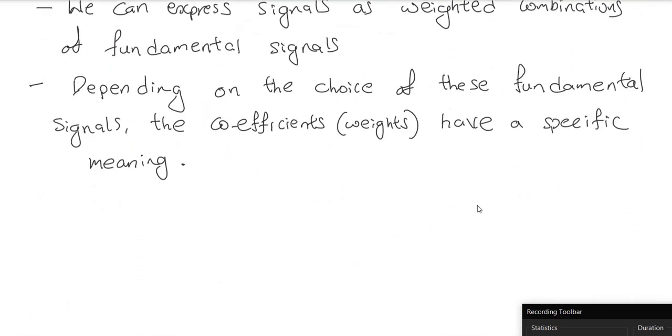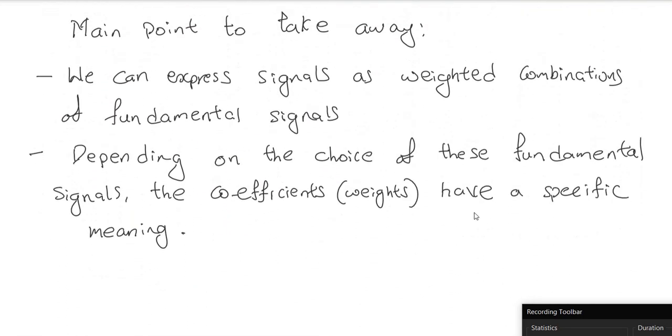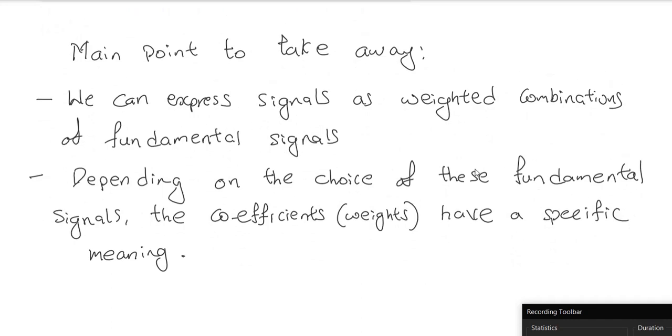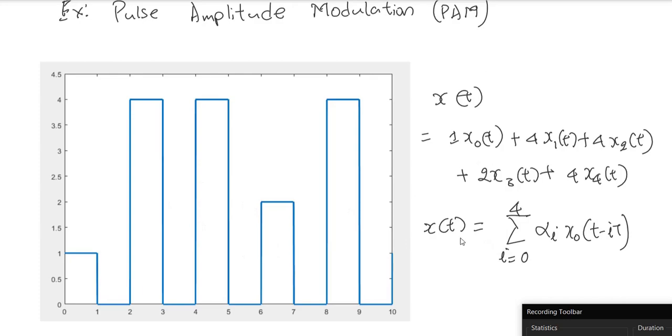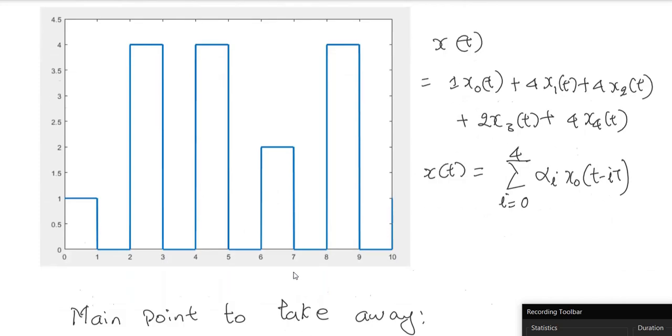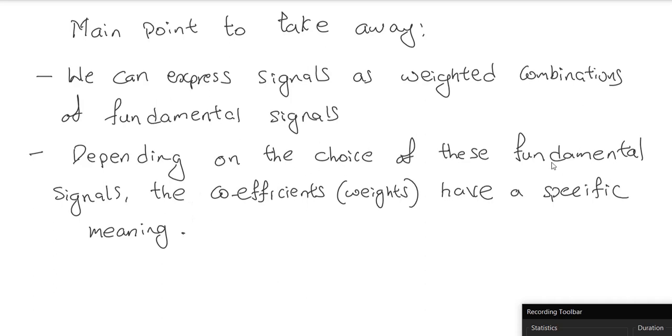So what is the main takeaway from this discussion? First is we can express signals as weighted combinations of fundamental signals. For example, here, this signal, we express this as this weighted combination of these fundamental signals. Now, depending on the choice of these fundamental signals, the coefficients or these weights have specific meaning.